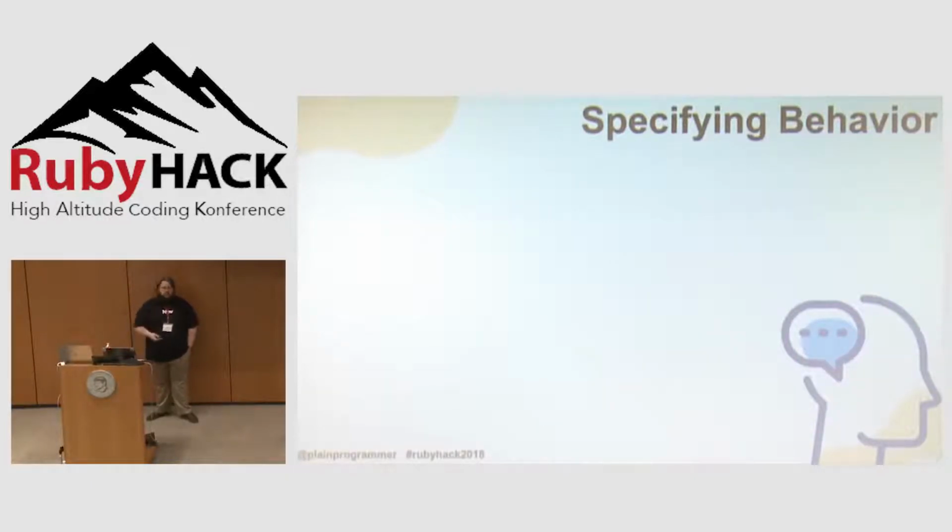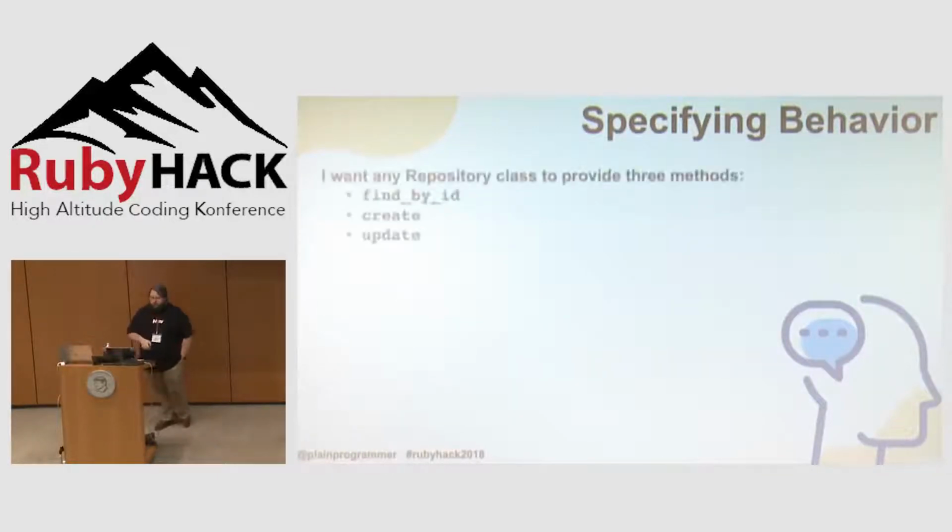So, in terms of specifying the behavior for a repository, I want any repository class within my system to expose at least these three methods. I want it to expose find by ID, create, and update. Right? The same sort of things that we saw in the formal interfaces.